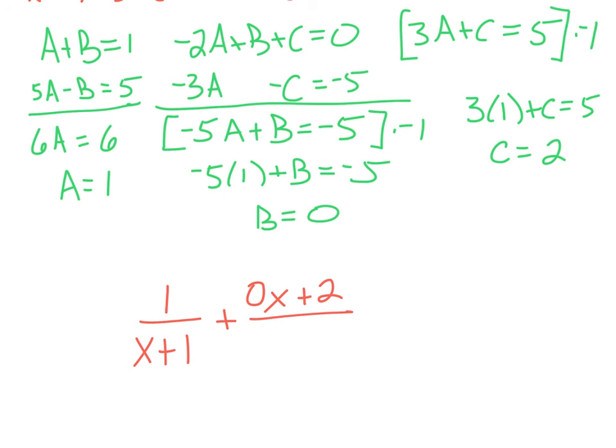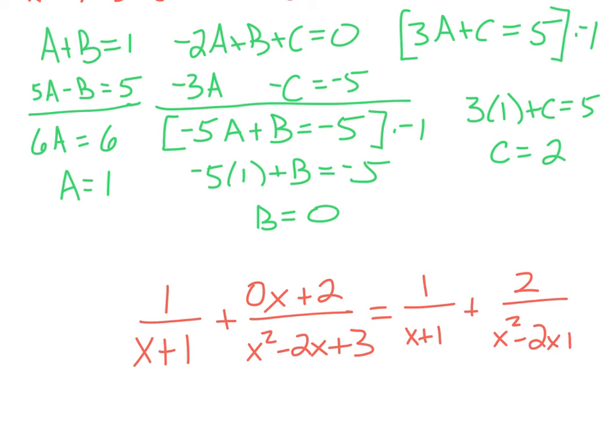Now, of course, that's not how you're going to leave it. And so then we're saying that this is our partial fractions. So I hope that helps you out a little bit.